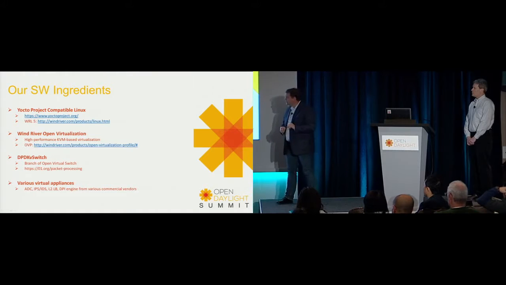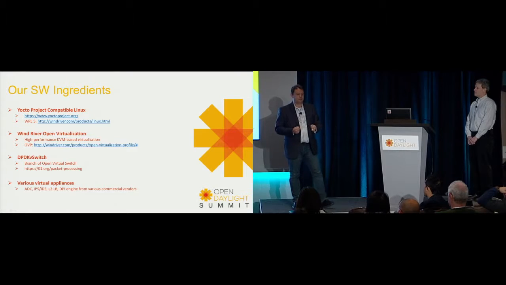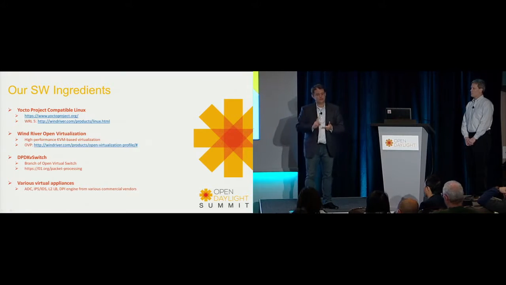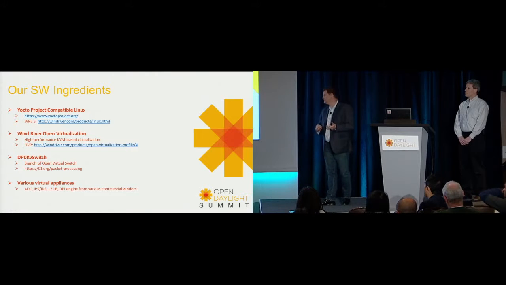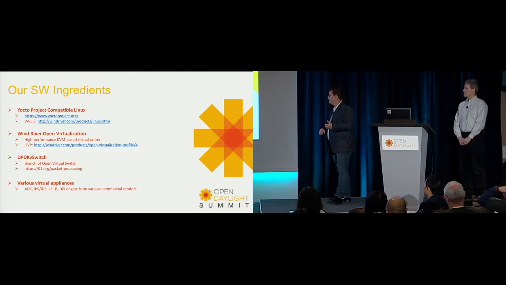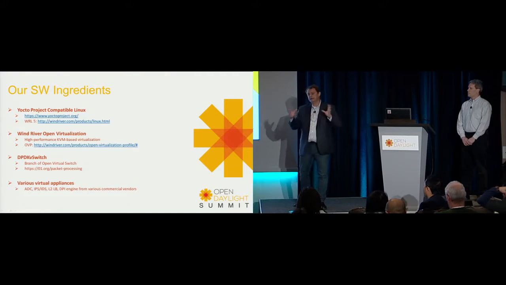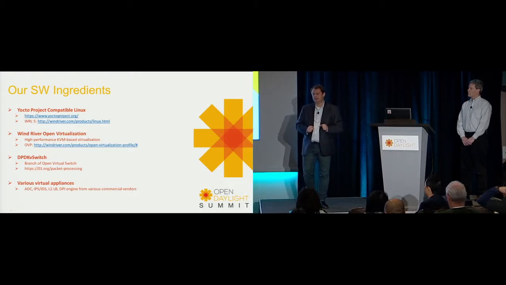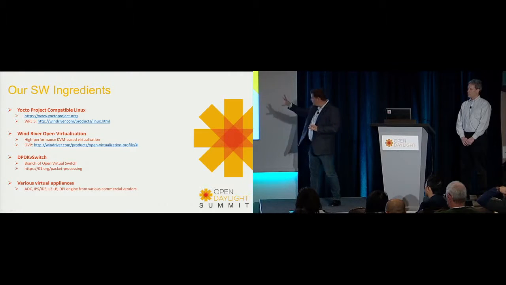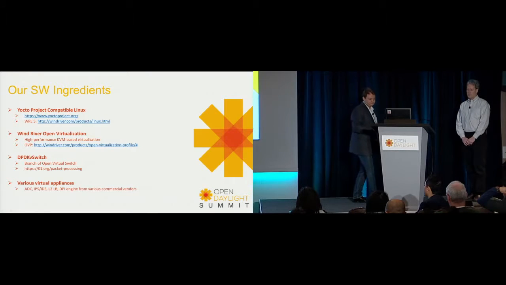And then we are chaining together a set of various virtual appliances. So we have a load balancer, we have an application delivery controller, a DPI engine from Cosmos, and then, of course, for the control element, we're using the Hydrogen element. So those are our software ingredients that we chose so far.